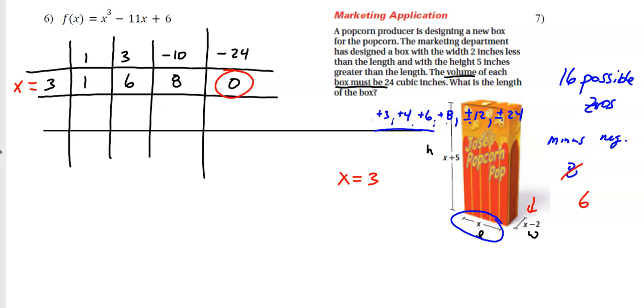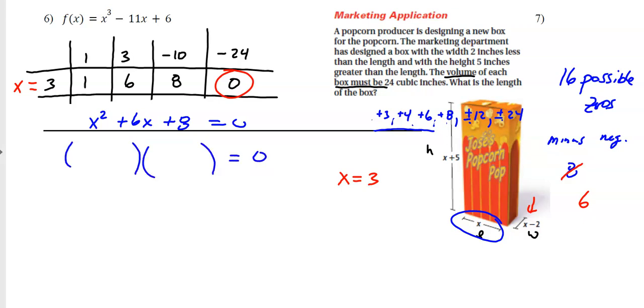And then I can use this quadratic right here, x squared plus 6x plus 8, to try to factor it. Let's see if we can factor this thing. 2 and 4. X plus 2, x plus 4.